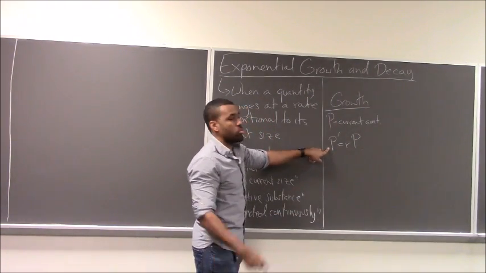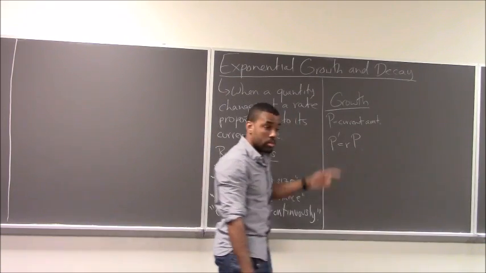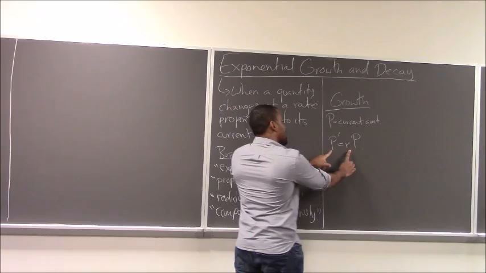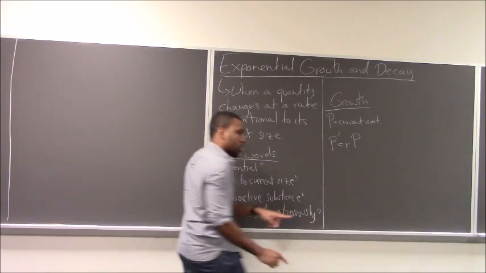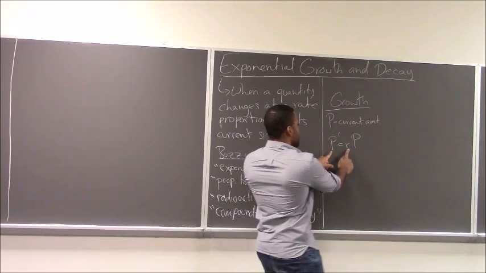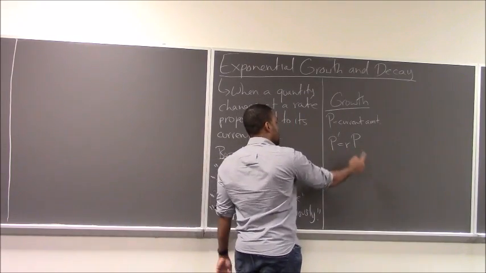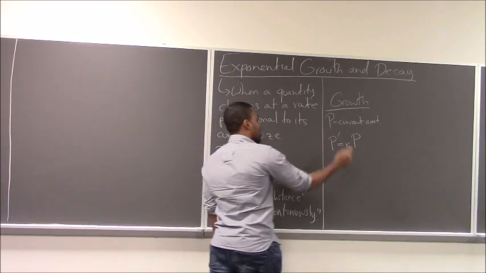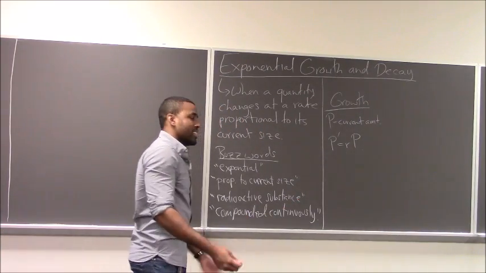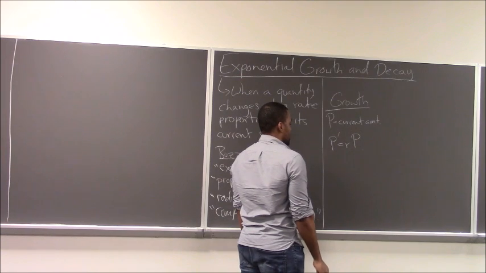This guy is called the rate of change or the rate of growth or just the rate of P. So they can be described using similar verbiage, but the combination of the words used can be very different. This is the growth constant or the relative growth rate, where this is the rate of growth, or the rate of change of the population.